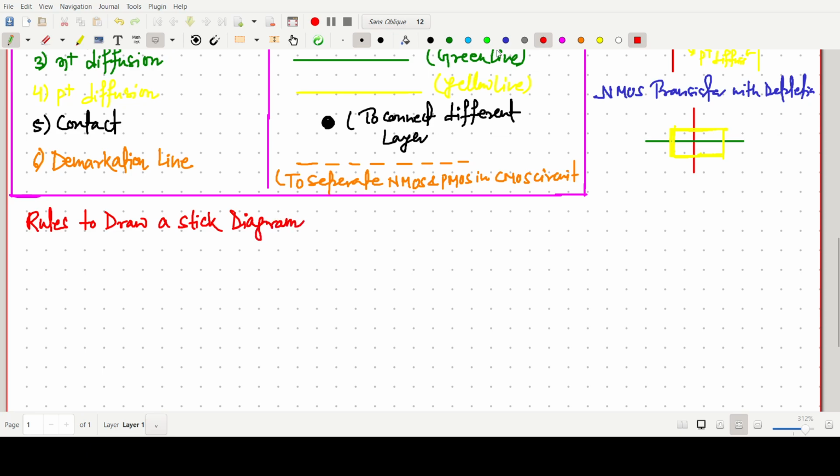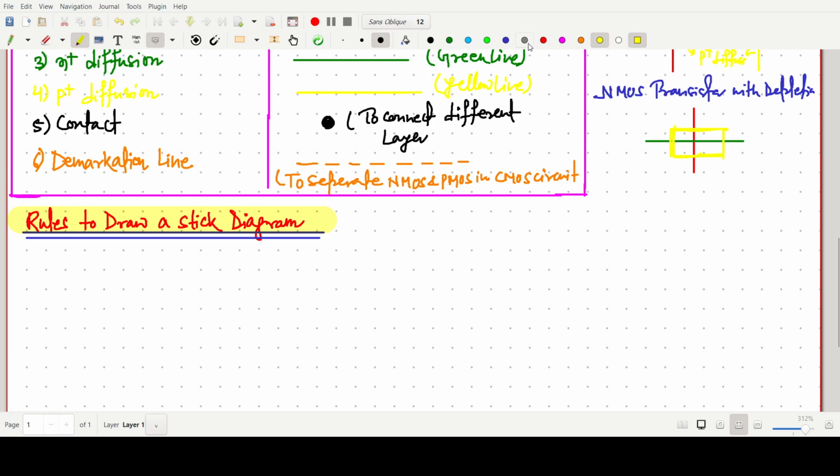This one is also very important. Basically, four rules are there, and very simple rules. So we will go through the theory, and then today we will draw the CMOS inverter stick diagram, not layout. Sorry. Okay, so rules to draw a stick diagram.